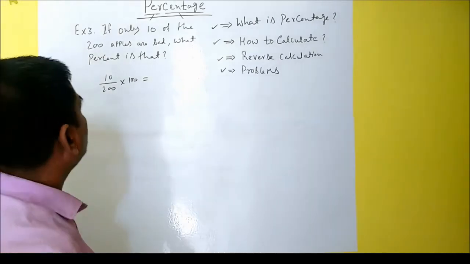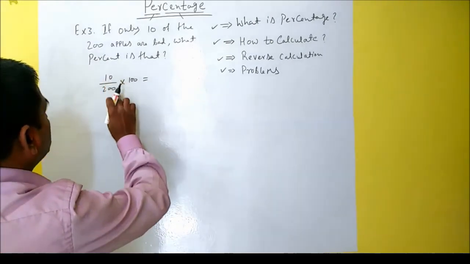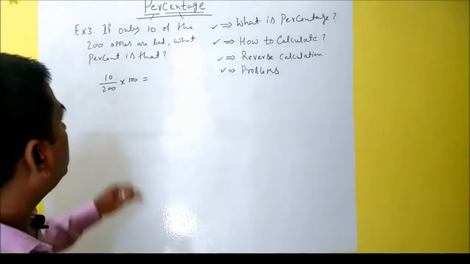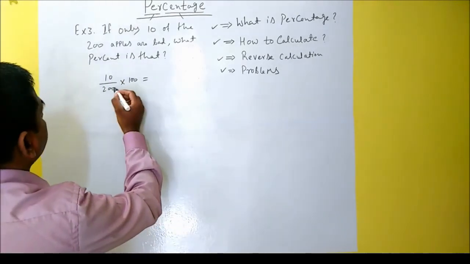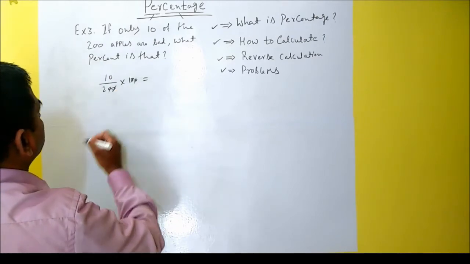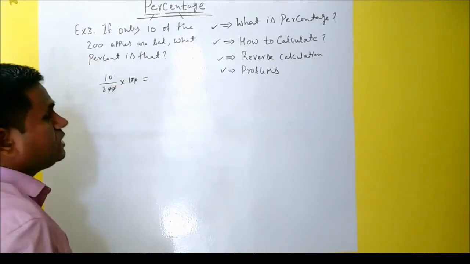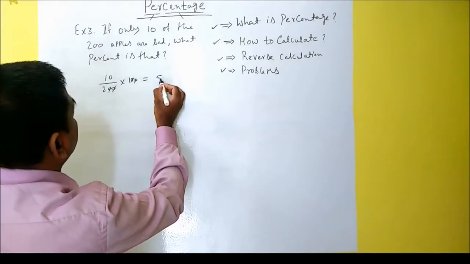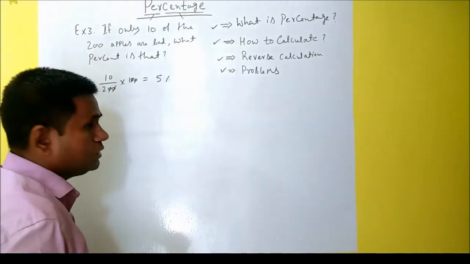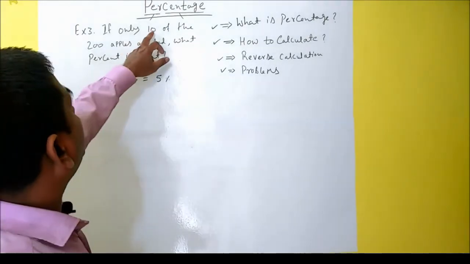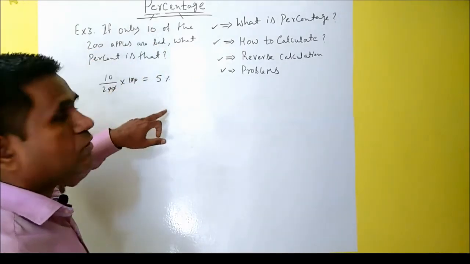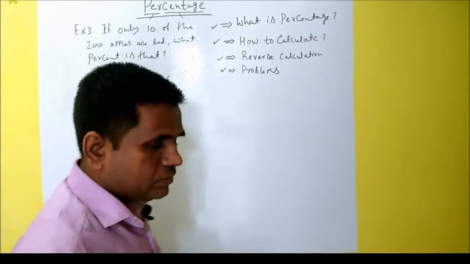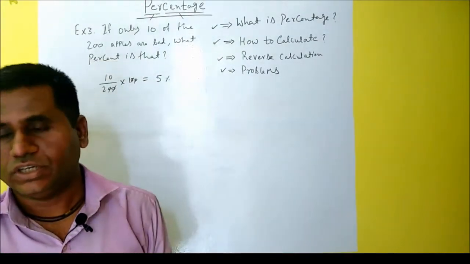Okay, so if we multiply 100 to this fraction 10 out of 200, we will get the percentage. So this becomes 10 by 2, which is 5 percent. That means 10 apples are bad out of 200, which means out of 100, 5 apples are bad. So we have calculated the percentage here.